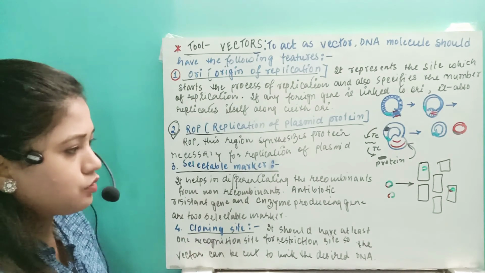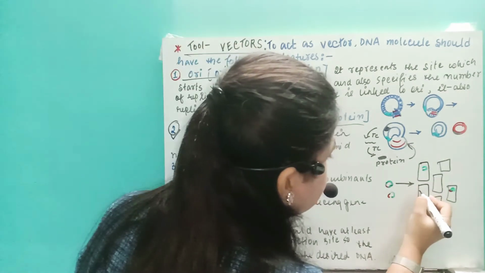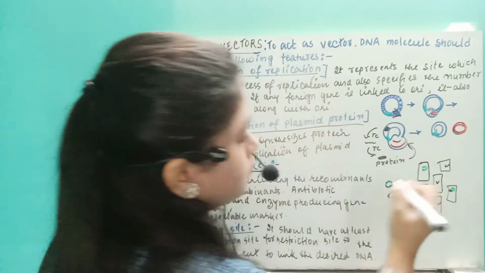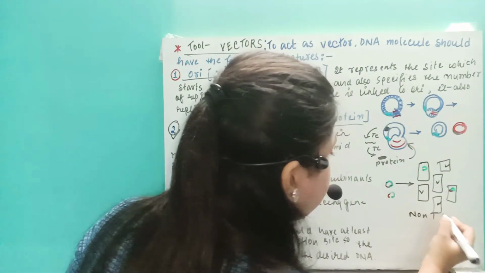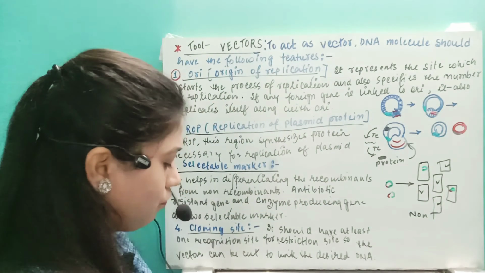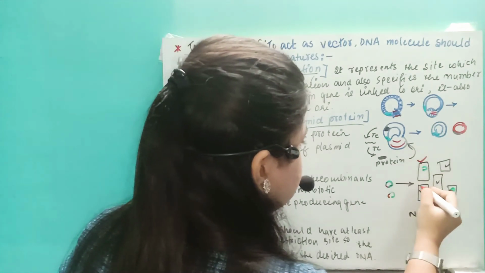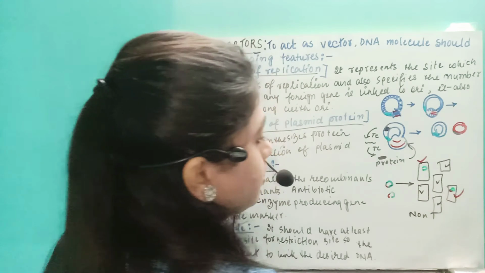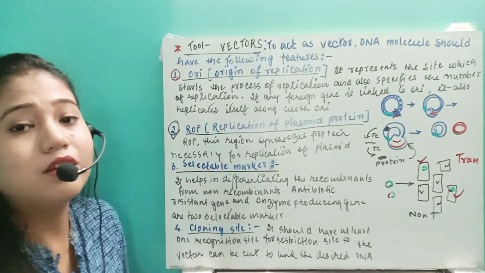So this one, this one, this one, and this one are known as non-transformant. And these two are known as transformant or recombinant.